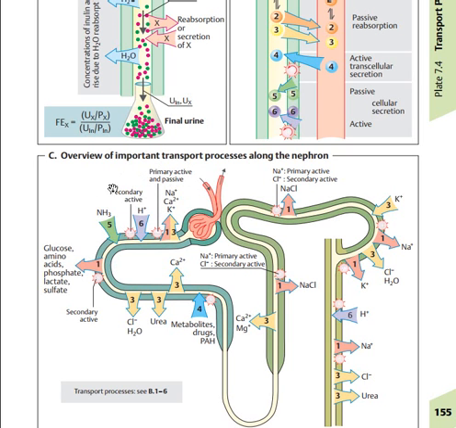Secondary active transport does not directly require ATP, but requires another molecule which moves down its concentration gradient. Here you have glucose, amino acids, and others moving via secondary active transport.